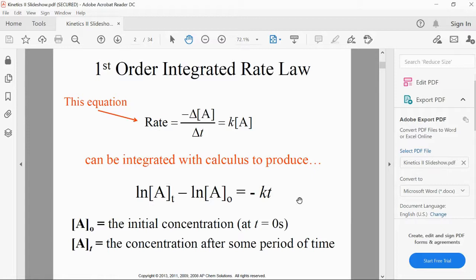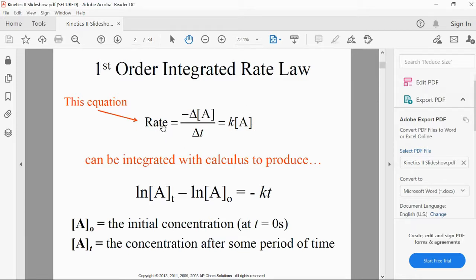But what we should remember is that we already know that finding rate equals how change in concentration of a reactant occurs with respect to a change in time. And then we also wrote the overall rate of a reaction as rate equals k, which is a constant, times concentration of that reactant.